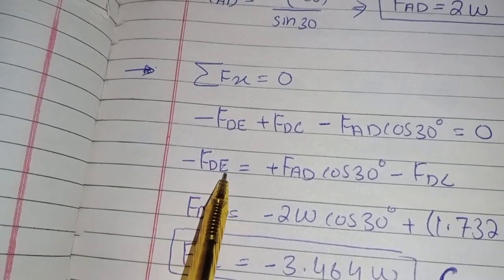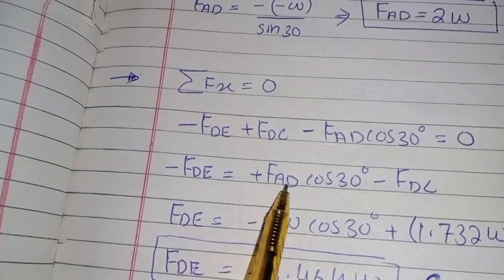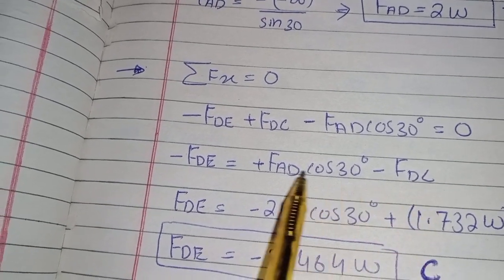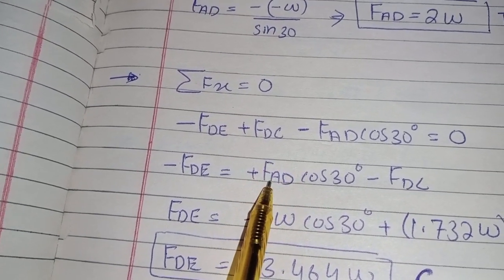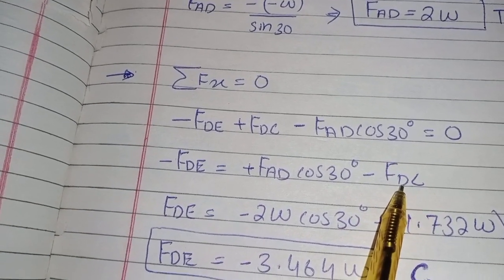So negative FDE equals FAD cos 30 plus negative FDC. I know the force in member AD, and I also know the force in member DC.